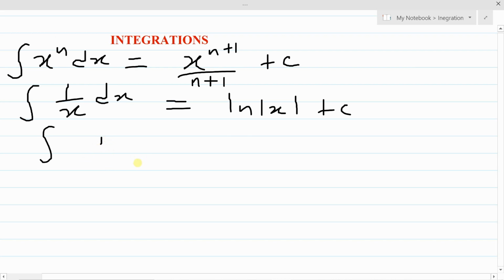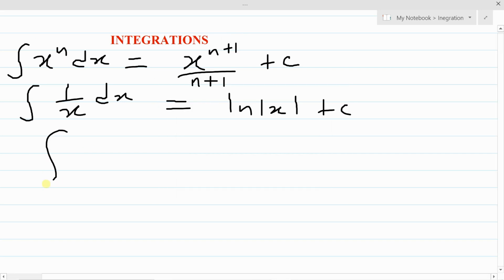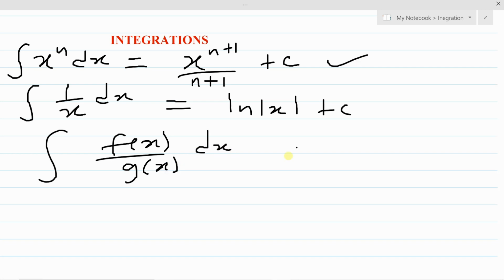Sometimes some functions will be given, and then let's say we'll be given something like the integral of some f of x over g of x. Okay, this definition will fail here. Let's look at the other case.